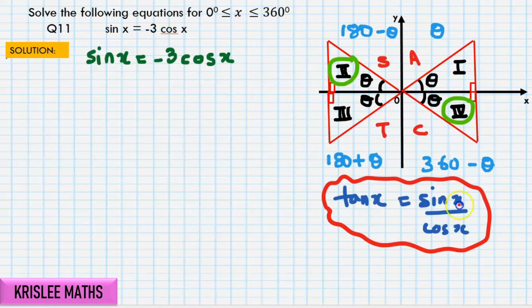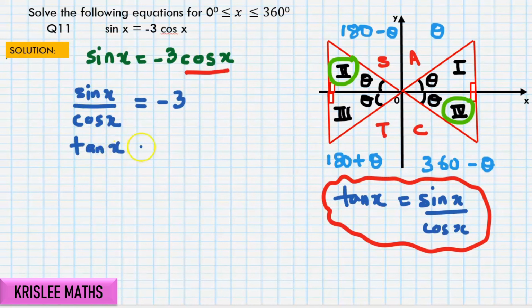Here I'm going to shift the cos x to the other side. Therefore I'll get sine x over cos x equals -3. Now I can convert sine over cos as tangent x equals -3.